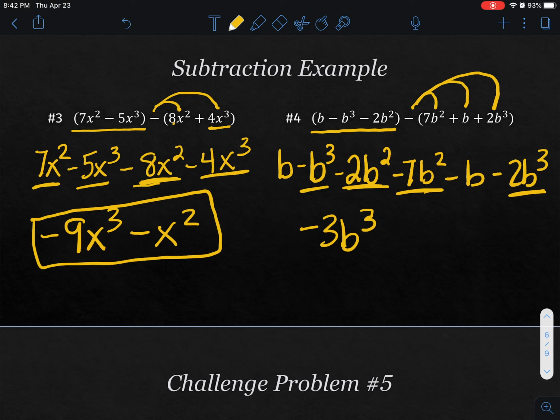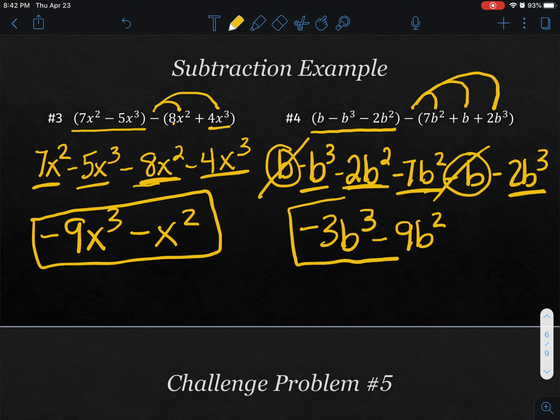So negative 2b squared and negative 7b squared would give me negative 9b squared. And then I have b and a negative b, well, 1 and negative 1, those are going to just actually cancel out. So I only have negative 3b cubed minus 9b squared.